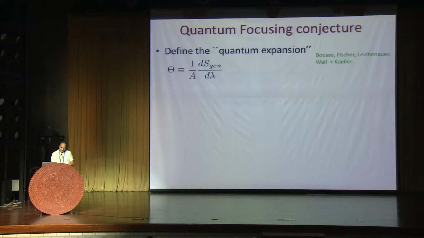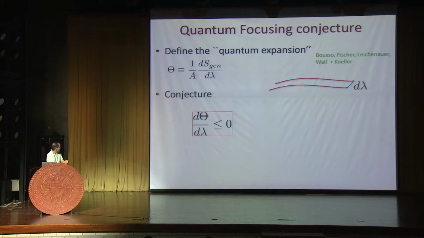So the quantum focusing conjecture consists of replacing the area that was appearing in the definition of the expansion by that formula of the generalized entropy: area plus the entanglement entropy outside some region. And then we take the derivative with respect to the affine parameter.